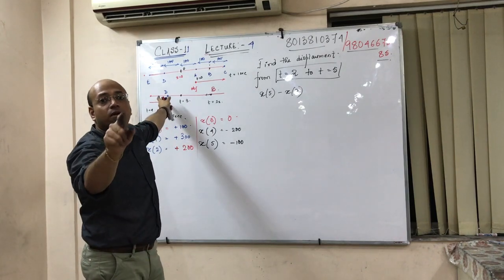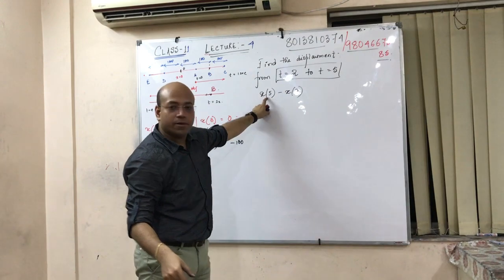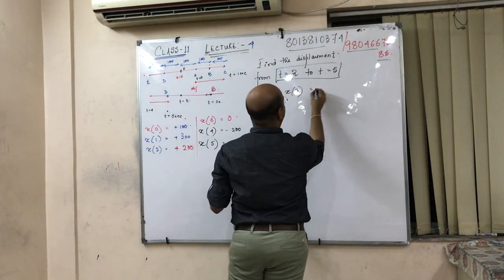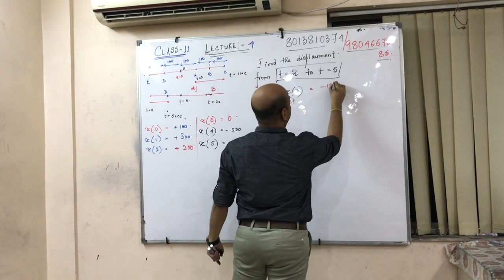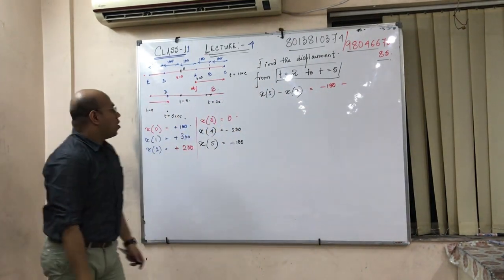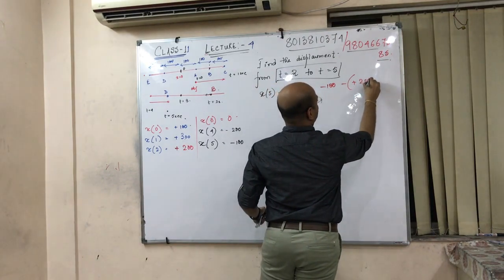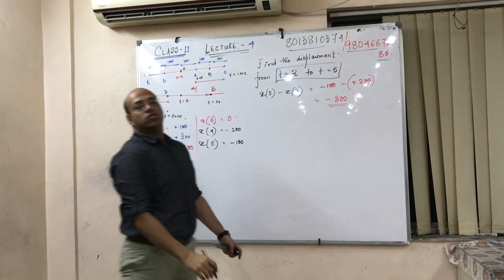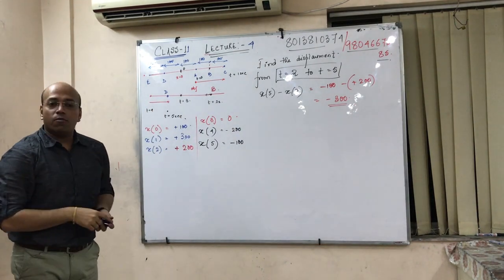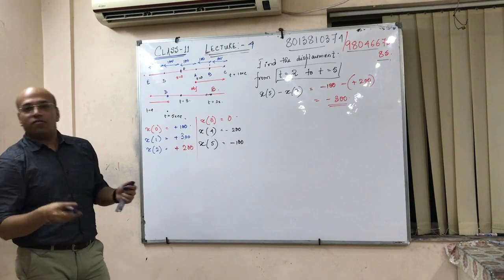So the displacement will be minus 300. Now we'll check it with this concept. x5 is equal to minus 100, and x2 is plus 200. So the displacement is minus 300. So this is the beautiful concept of displacement.